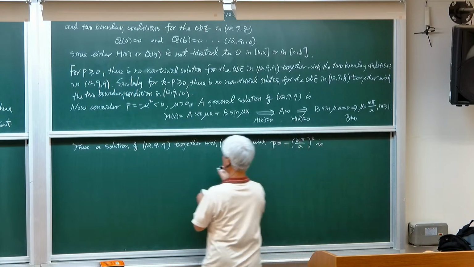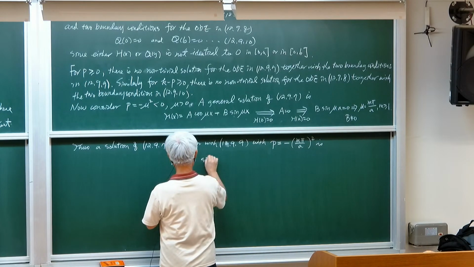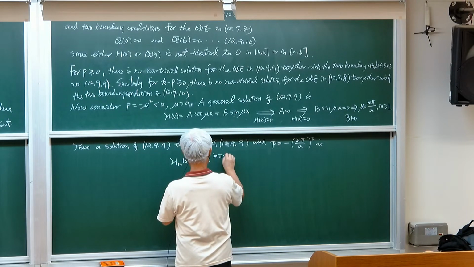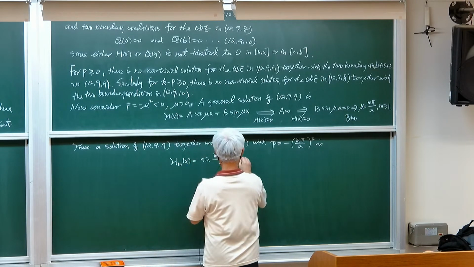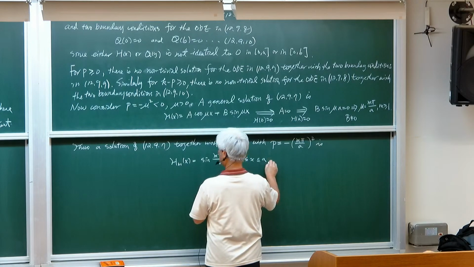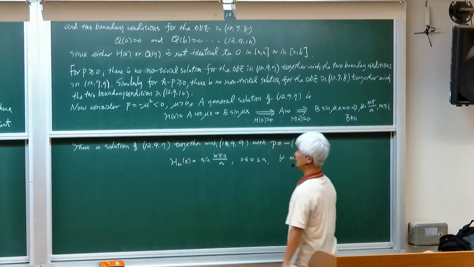X here is equal to h of m, which is sine m pi x divided by a, for all m greater than or equal to 1.